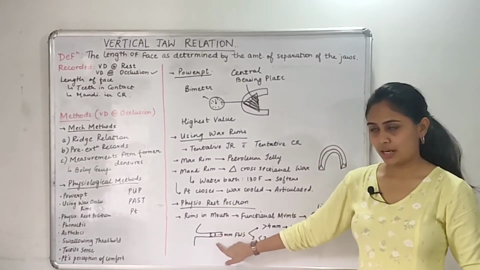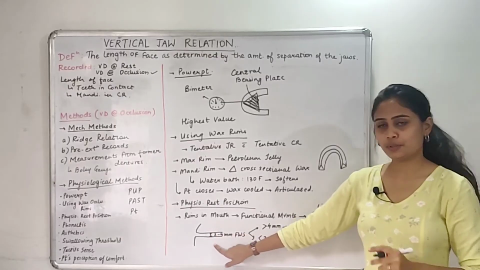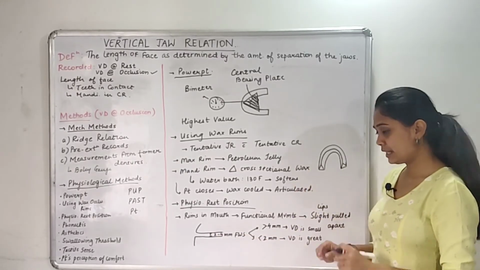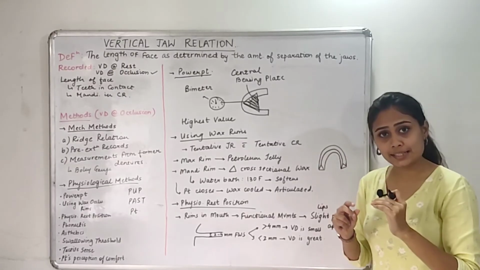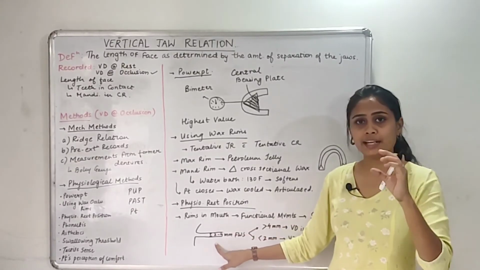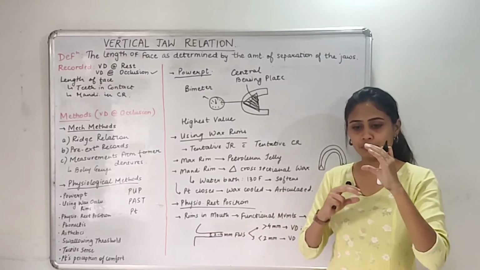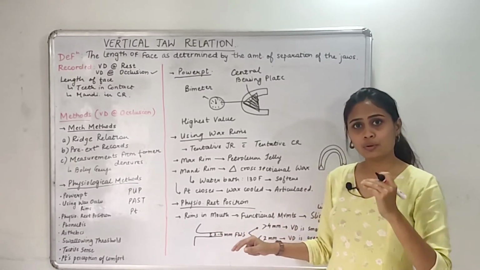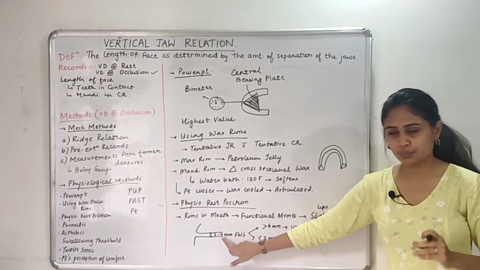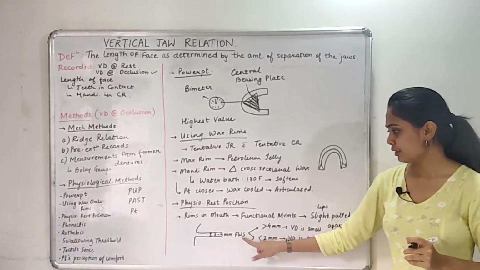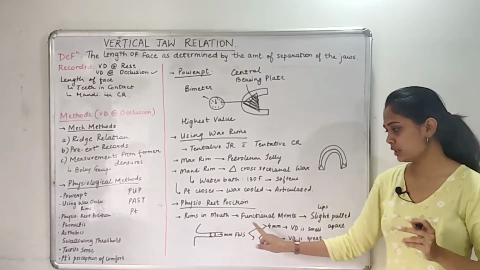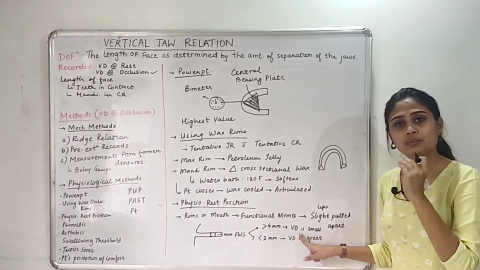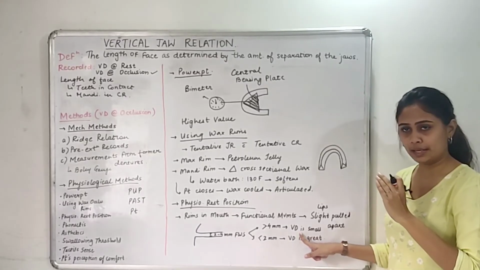If the space between the two rims after the functional movements is greater than 4 mm, which is too much, we can say that the vertical dimension is too less, because the rims are not adequately tall. We need to add more wax to get something in between 2 to 4 mm. So if the space between both rims is greater than 4 mm, the vertical dimension is very small, and we have to increase it.